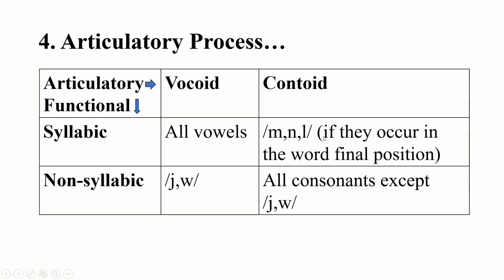But in a condition, what is that? If they occur in the word final position. And non-syllabic contoid means all consonants except ya, wa, because ya, wa are vocoid. And non-syllabic contoid also includes ma, na, la, but in the condition that they do not occur in the word final position.